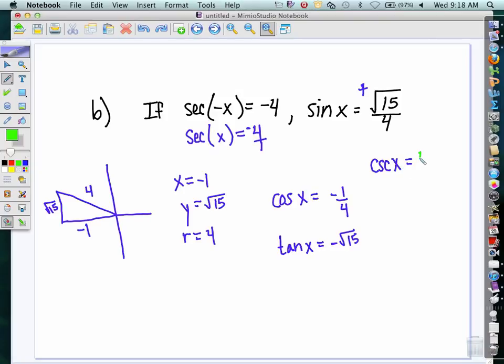For your cosecant, you would have 4 over the root 15, but you would want to rationalize that. Rationalizing it would give us 4 square roots of 15 over 15.